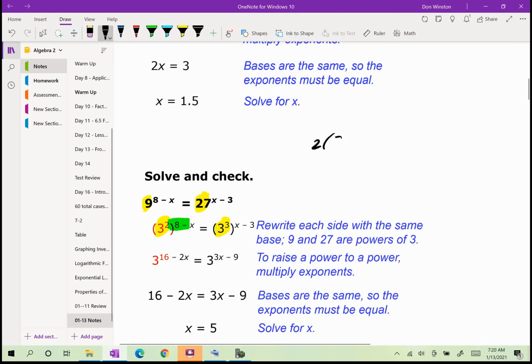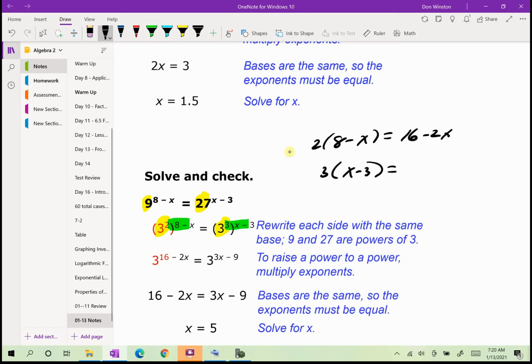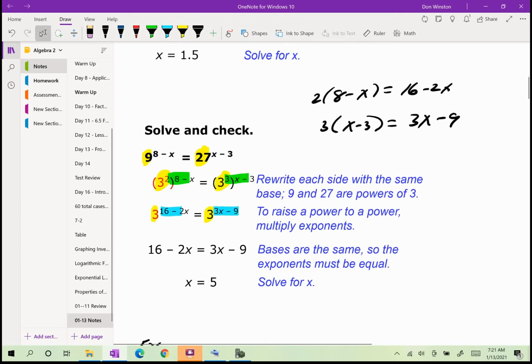So I have 2 times 8 minus x, and that will be 16 minus 2x. And then I have 3 times x minus 3, and that will be 3x minus 9. So I have my exponents. 16 minus 2x is equal to 3x minus 9. My bases are the same, so I can set 16 minus 2x equal to 3x minus 9. I solve, and I get x is equal to 5.